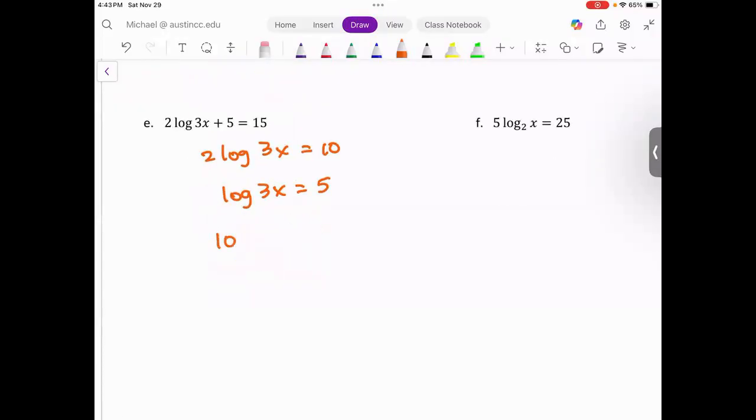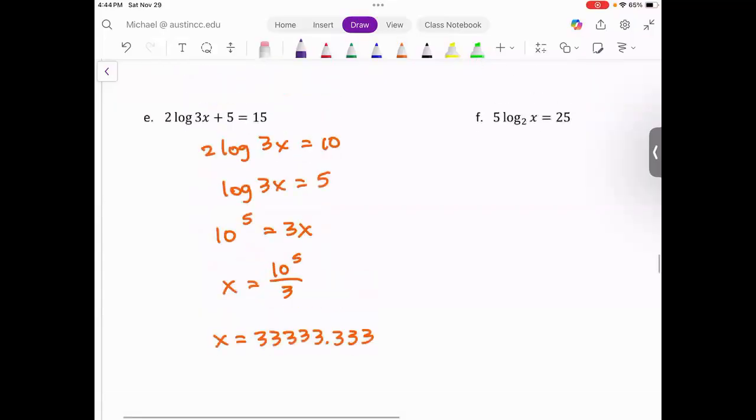That means 10 to the 5th equals 3x. Or if we divide each side by 3, 10 to the 5th divided by 3. And if we plug that into our calculator, we get 33,333.333. Bunch of threes.